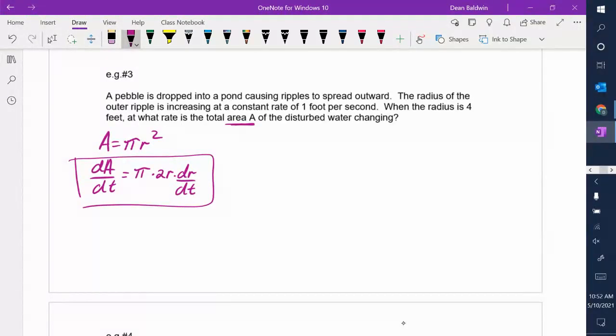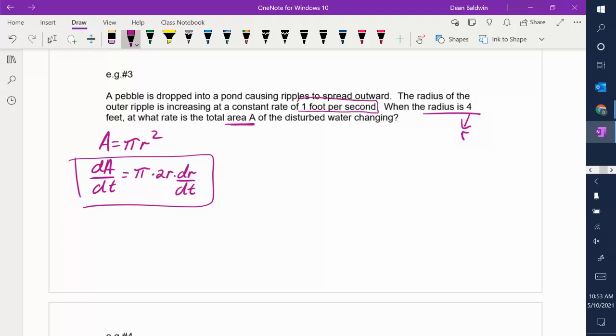I need to know r and dr dt. I know r. I think, yep, they tell us when the radius is 4. So there's your r. What's dr dt? Yep, but it has a number in this case.